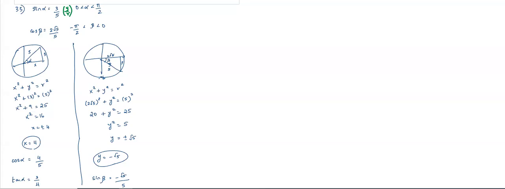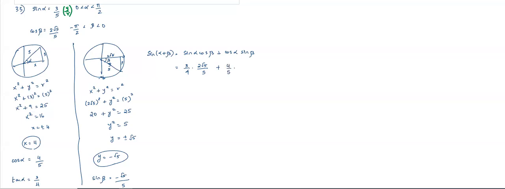So to do sine A plus B, I use the formula. It is nothing but sine A cosine B plus cosine A sine B. Now, what is sine alpha? It was 3/5. What is cosine beta? It was given to me as 2 root 5 over 5, plus cosine alpha 4 over 5.